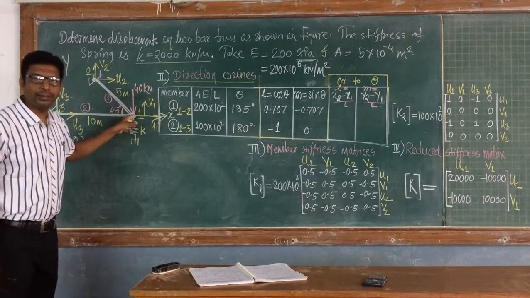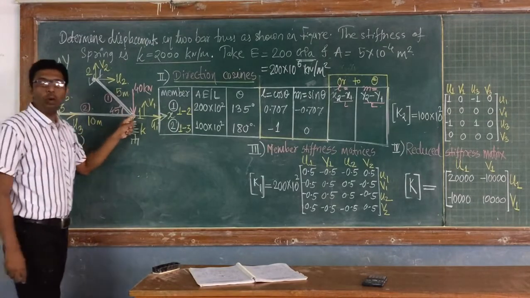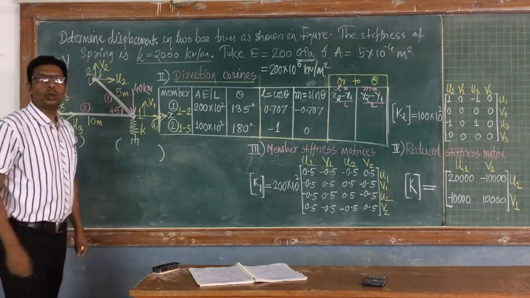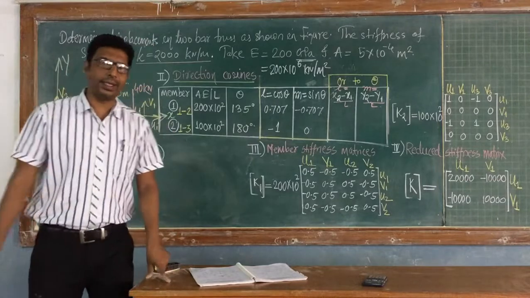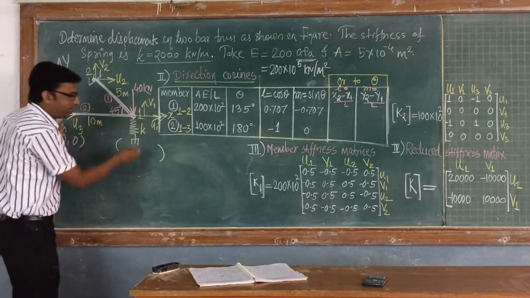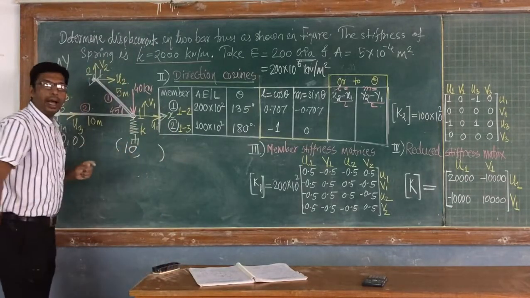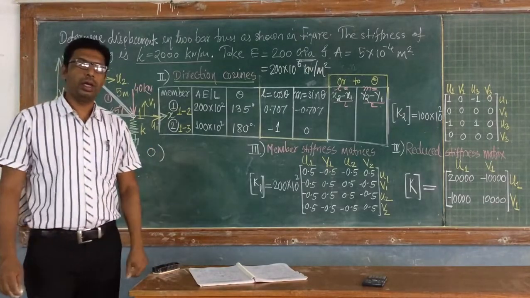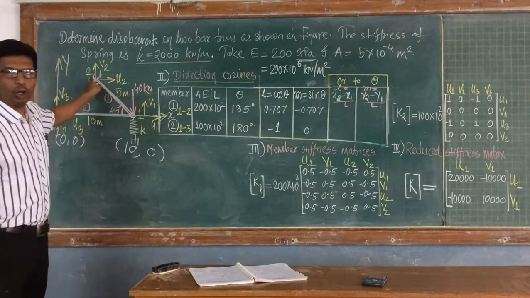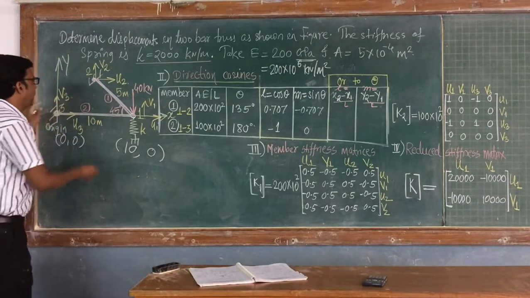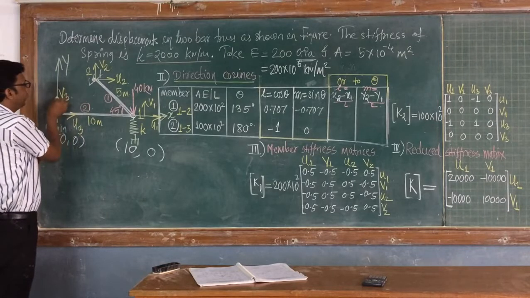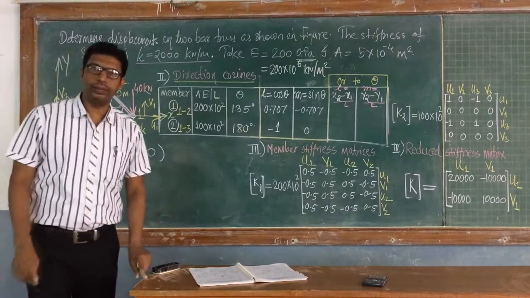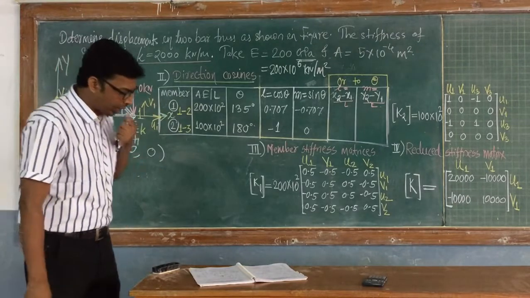Coordinates of joint 1: joint 1 lies on the x-axis, so the x coordinate is 10 and the y coordinate is 0. Coordinates of joint number 2: this is the x coordinate, so that we have to calculate.